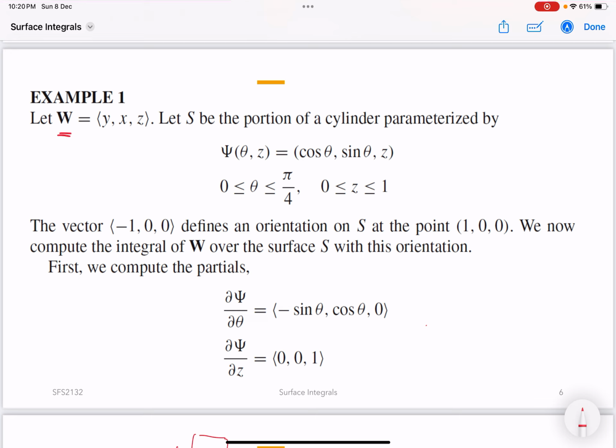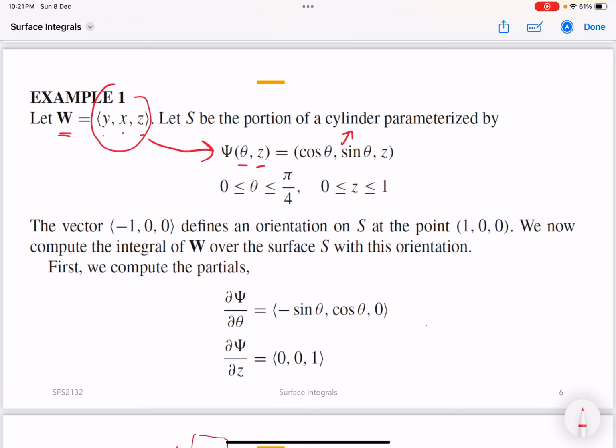Let's say the water flow W is given by a vector with components x, y and z, all parameterized by psi, in terms of theta and z. When it involves theta and z, it is definitely something rotating, something related to a cylinder.